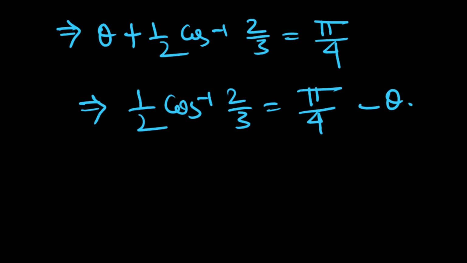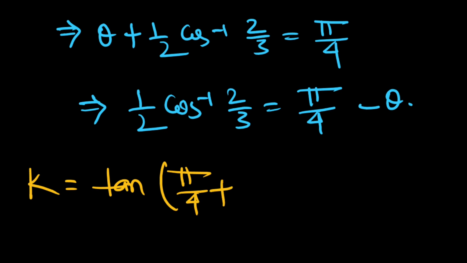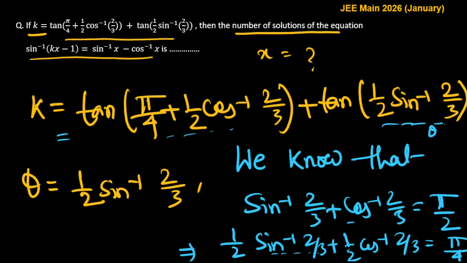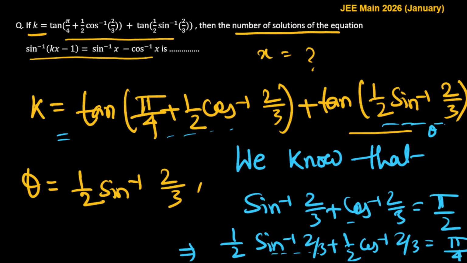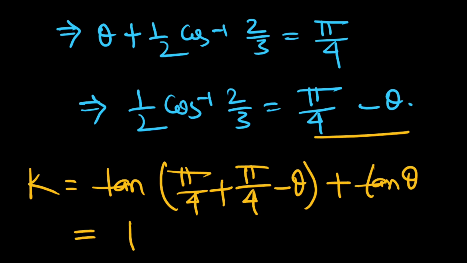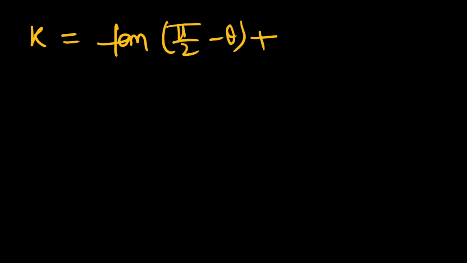Therefore we write k in terms of theta. k is equal to tan of (pi by 4 plus pi by 4 minus theta) plus tan theta, that is tan of (pi by 2 minus theta) plus tan theta.